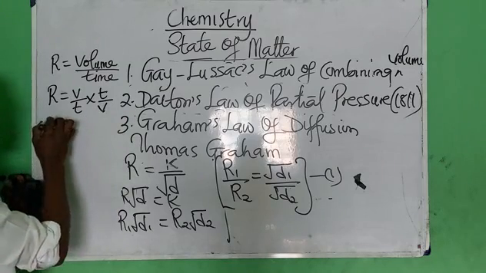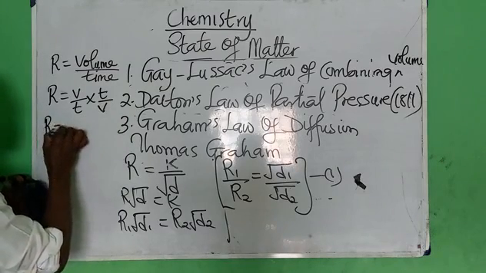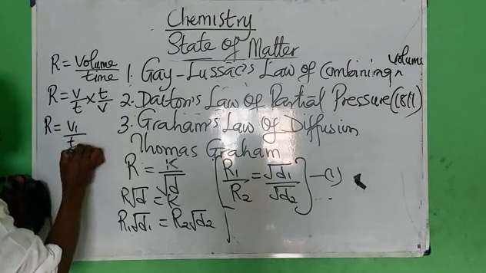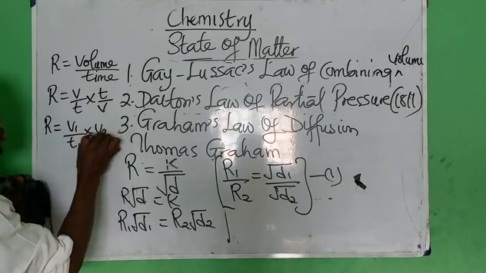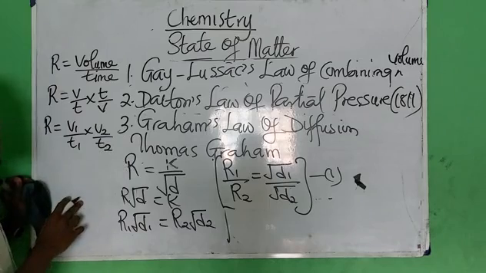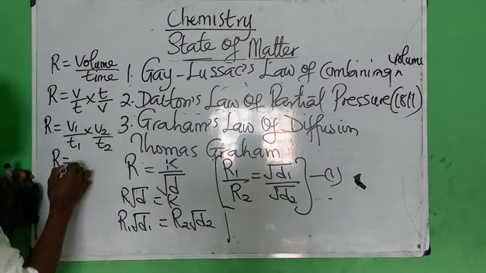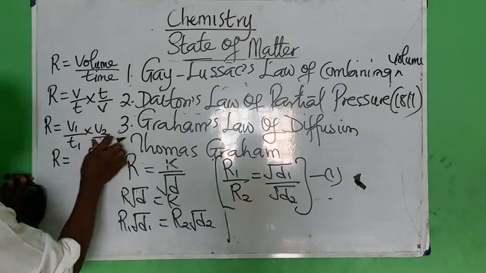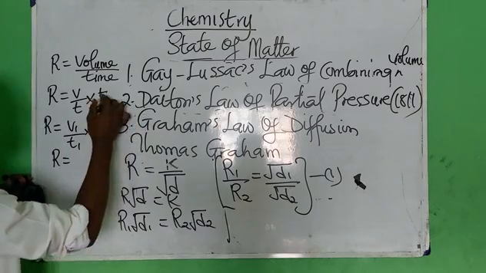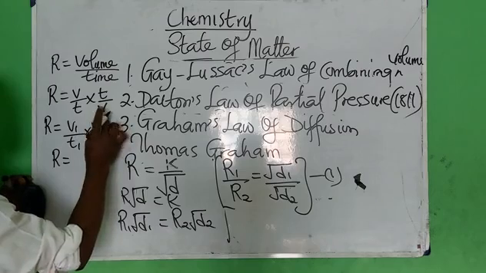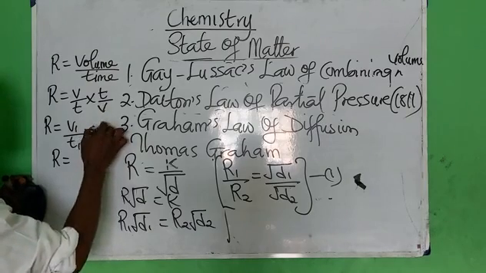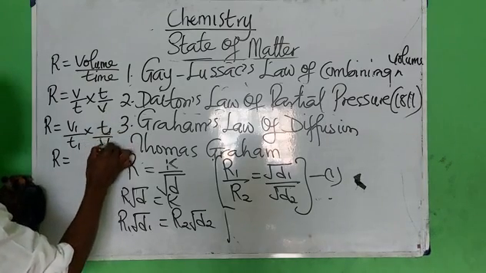Therefore, R becomes V1 T1 times V2 T2. You are not to cancel out. Therefore, it means that R is equal to this times this. There's a mistake here. That is T1 V1.